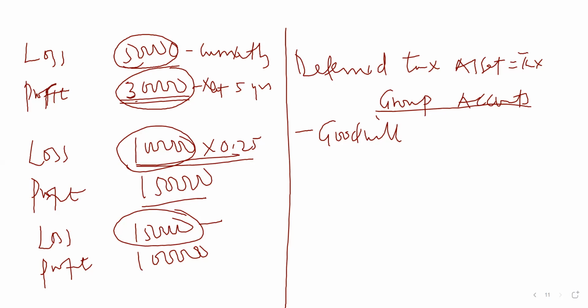The goodwill is going to increase the asset of the subsidiary, isn't it? But in the books of the tax authority, would the tax authority also add goodwill to the asset of the subsidiary? No. So you see that if you are calculating your temporary difference, the goodwill figure will automatically be increasing the temporary difference, isn't it?